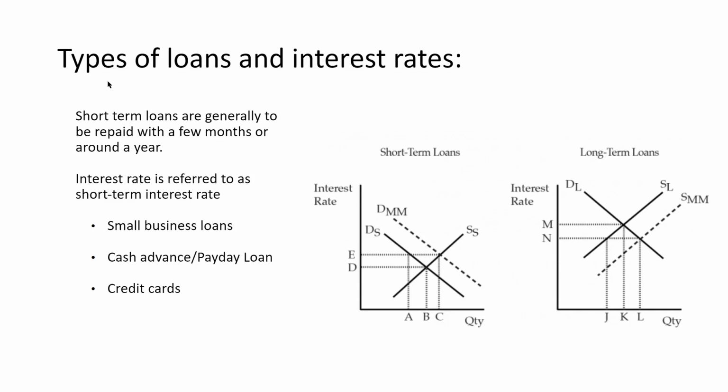Now there are different types of loans, and they have different interest rates. So a short-term loan is generally a loan that's going to be repaid in maybe a few months or about a year. Okay, and the interest rates for these types of loans are called short-term interest rates. And this could be a small business loan, like maybe they need money to pay wages or something like that. It could be a cash advance or a payday loan if you need that.